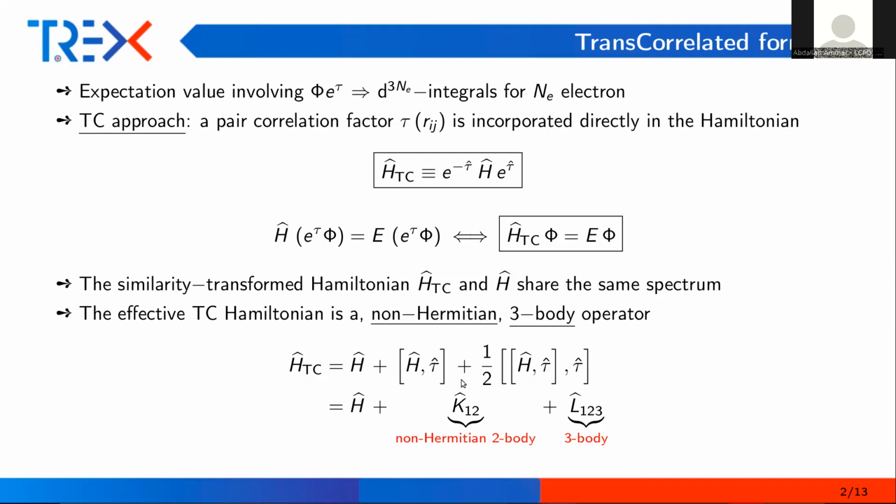But on the other side, H_TC is not bounded due to the non-Hermitian operator in the two-body term, and therefore extra care must be paid to handle this properly, as shown in the following.